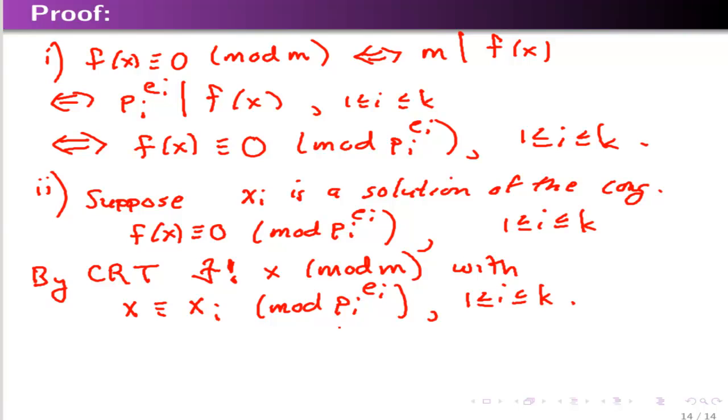Well then, for that value of x, f of x is therefore congruent to f of xi mod pi to the ei. That's just substitution. x is congruent to xi, so f of x is congruent to f of xi. But f of xi by assumption is 0.